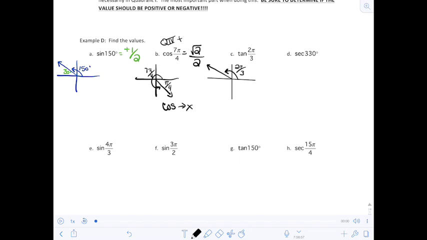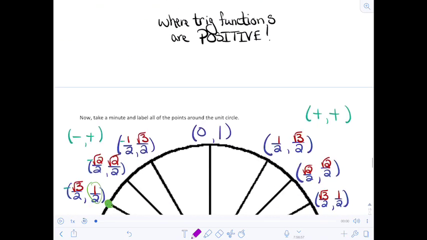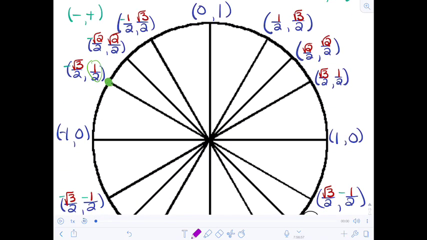The reference angle would be pi over 3, away from 3 pi over 3. So when we look at tangent, remember tangent was y over x. So let's go to 2 pi over 3, or pi over 3 back, and that's going to be right here. And we're going to put y over x.